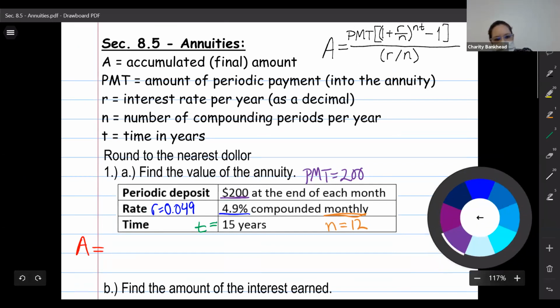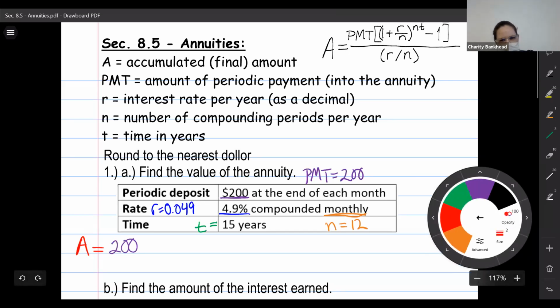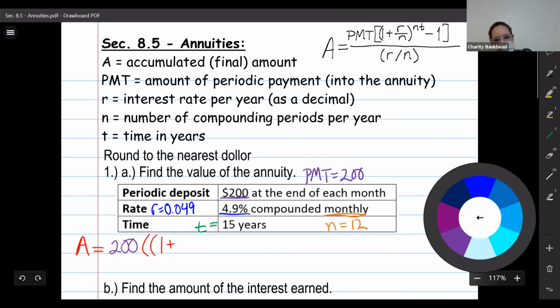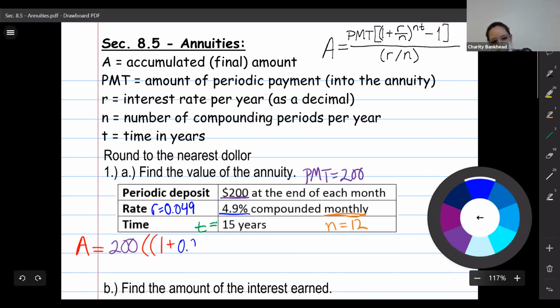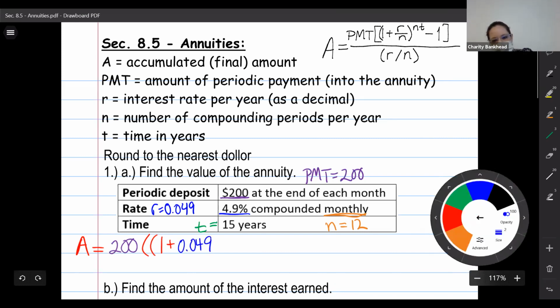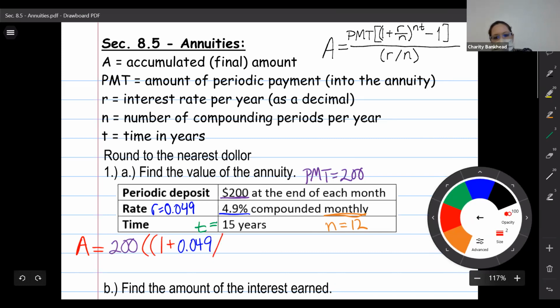So A equals 200. So this formula is on the formula sheet. Like right here, it shows brackets, but that's just the same thing as parentheses. So this is just going to be double parentheses right here. 1 plus 0.049 over 12.